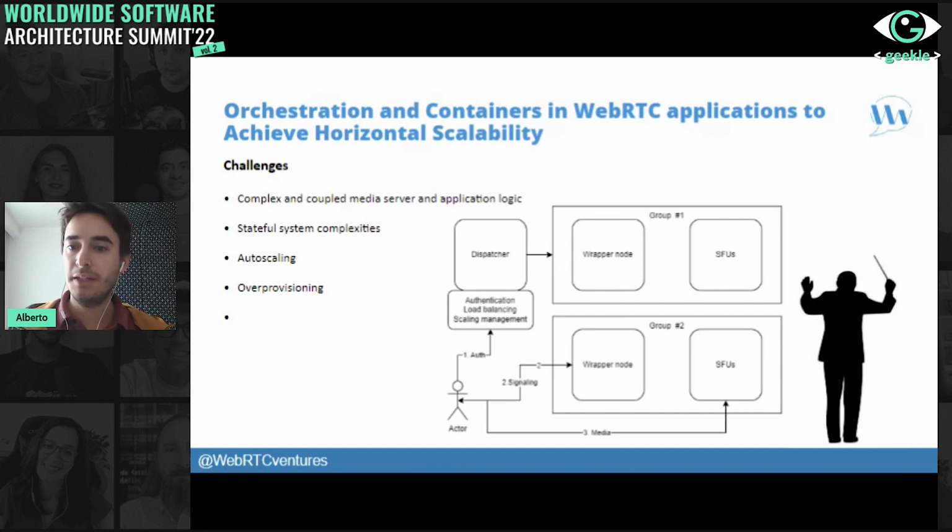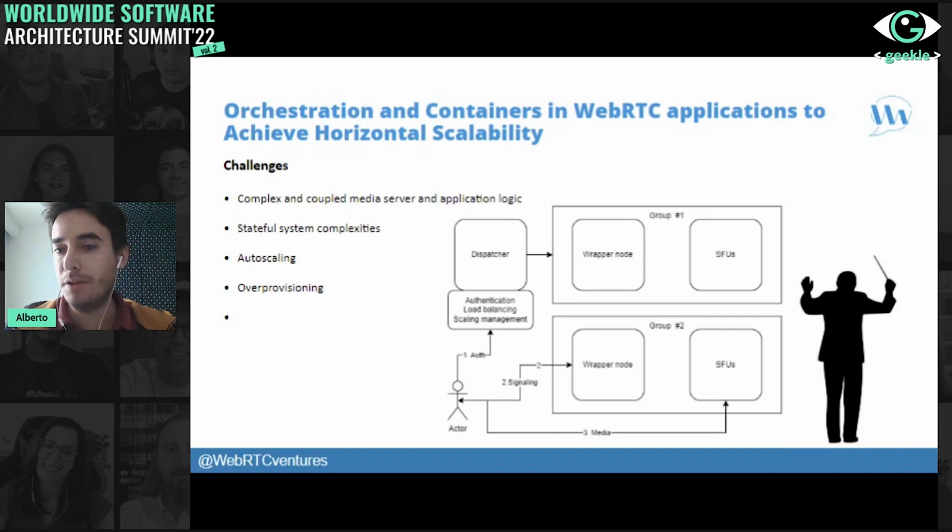Once we authenticate, the dispatcher decides what to do and redirects the user to the right SFU. You can see here we have group number 1, group number 2. We could have as many groups as we want, but this represents just scaling peers. So we have the wrapper node, which would be in charge of managing the media server.